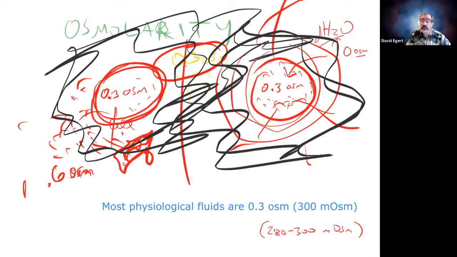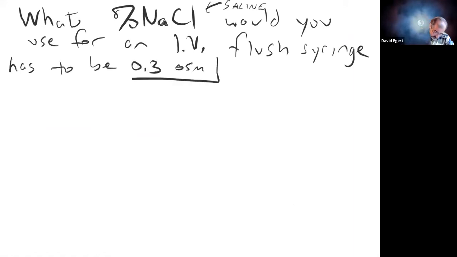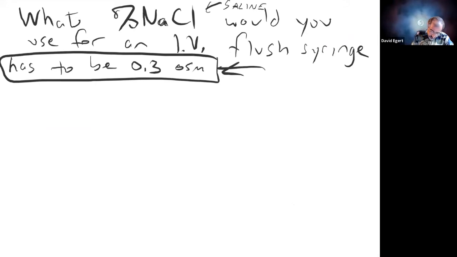Exactly. Did everybody hear Raina? That's going to be our starting point for everything here. No matter what else, this has to be 0.3 osmolar, so this is my starting point.